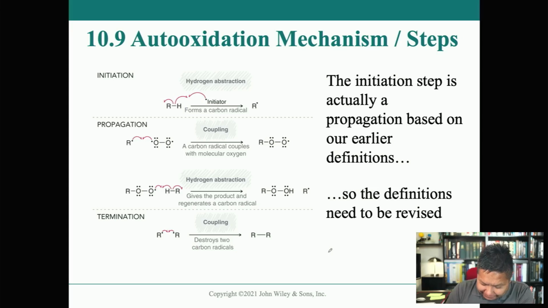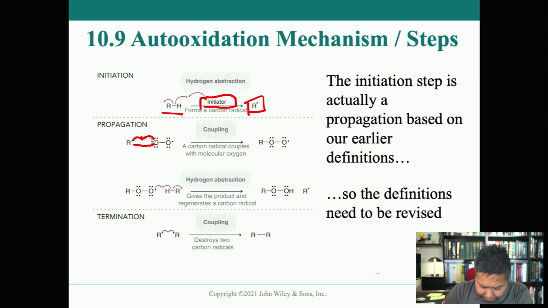So, of course, every chemical process has its steps, right? We start with a hydrogen abstraction from some alkyl group, an R group, with the initiator, and you get the alkyl radical. Okay. Propagation occurs when the alkyl radical forms a bond between itself and molecular oxygen.